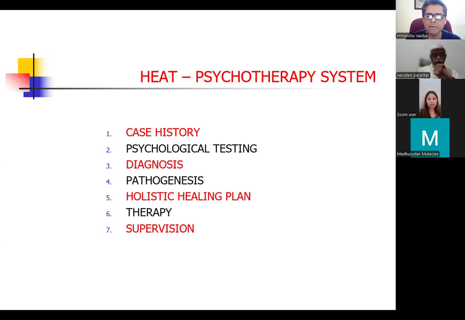And then we have supervision, that occasionally every therapist should take his sessions, 1 or 2 sessions of any particular case for supervision. Or he can do self-supervision, or he can do peer supervision, that people of similar school or different schools can get together and do peer supervision for each other.